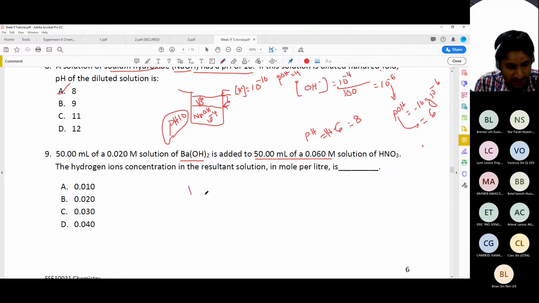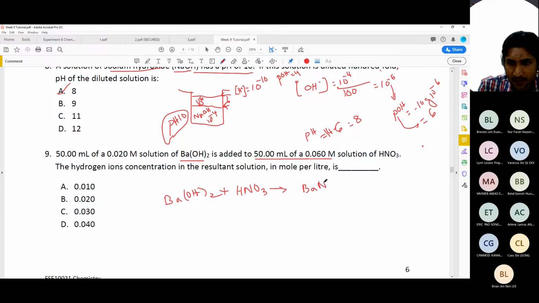So barium hydroxide plus nitric acid, HNO3, right? And then it is producing barium nitrate, Ba(NO3)2, plus water.